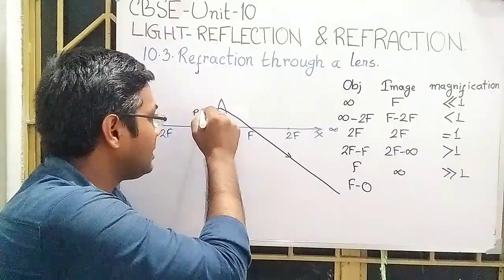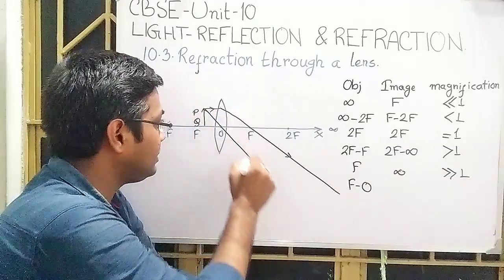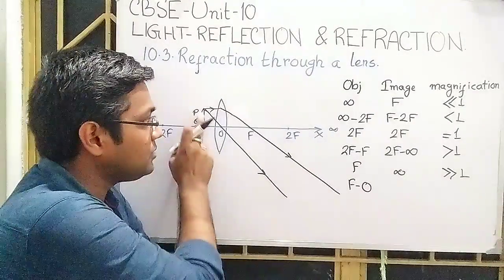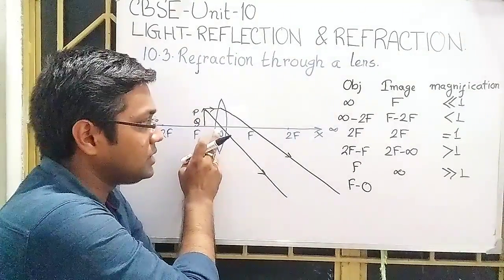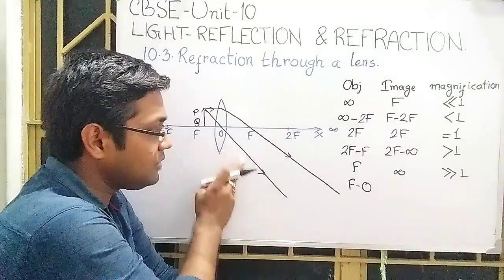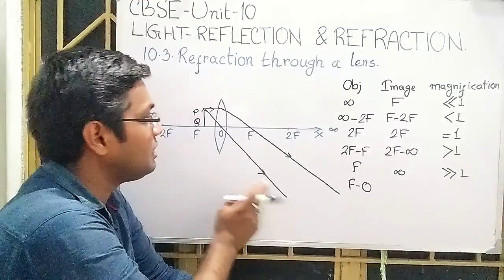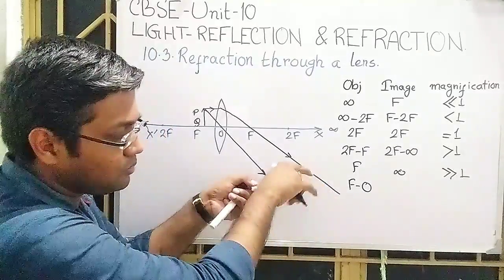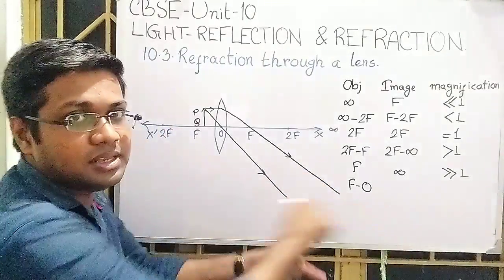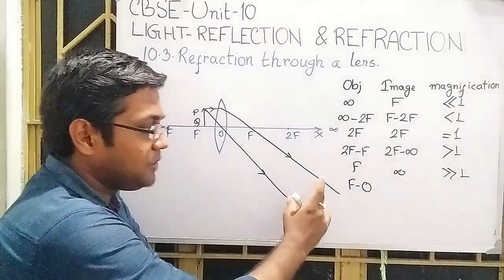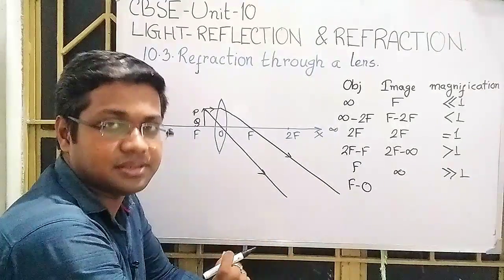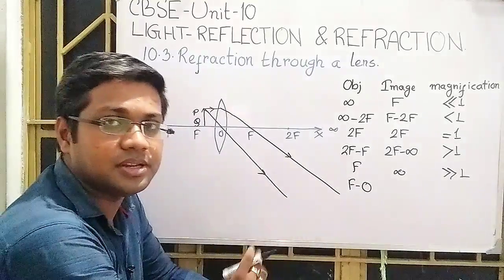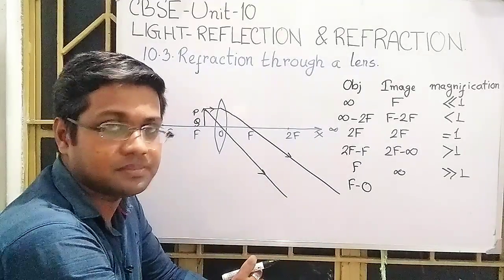Next, another ray coming out from the point P, passing through the optical center, shows no deviation after refraction, and these rays are diverging rays. As they move on, the separation between them will increase. They will never meet, even at infinity, even at a large distance.